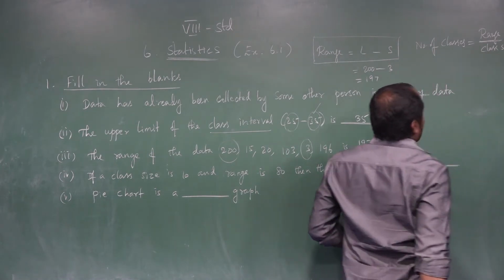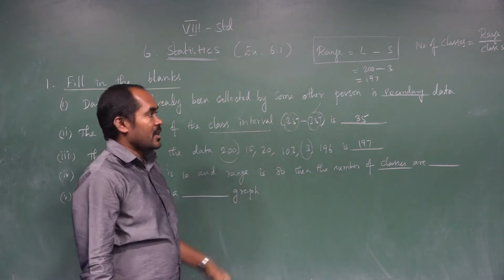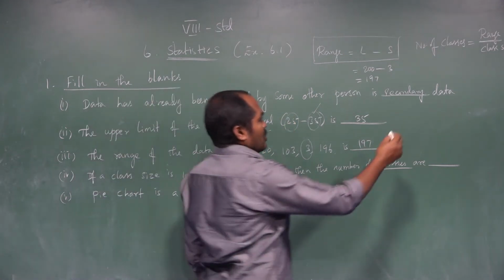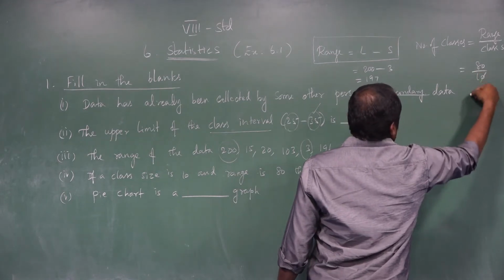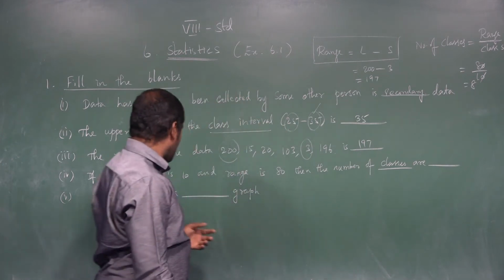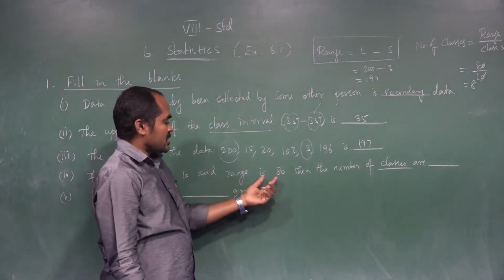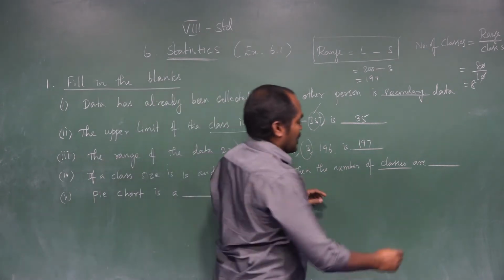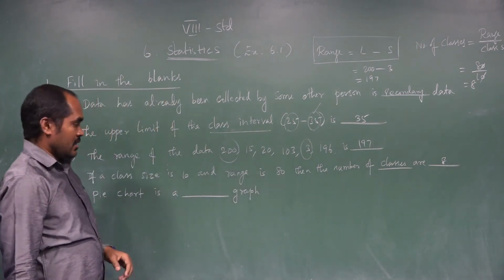We know the range is 80 and the class size is 10. Zero, zero cancel, we get 8. So the fourth answer is 8.